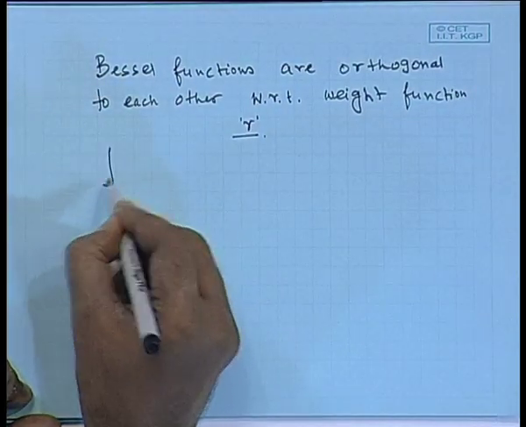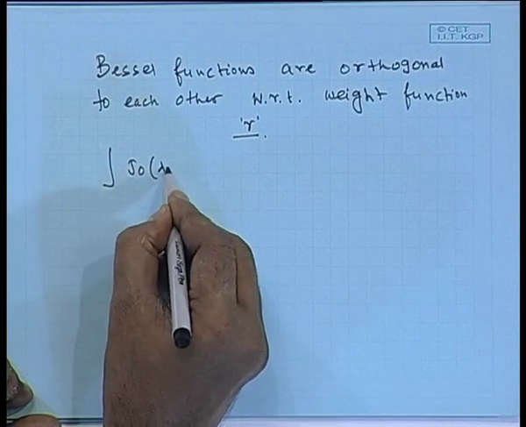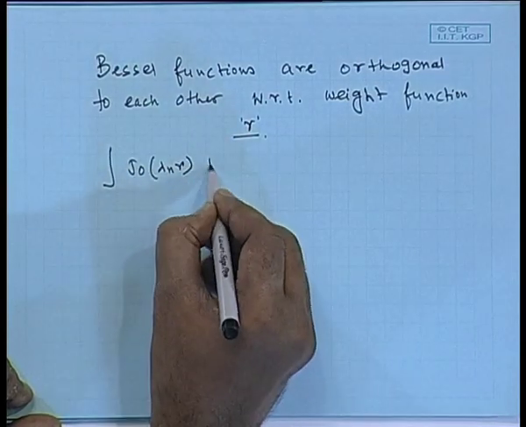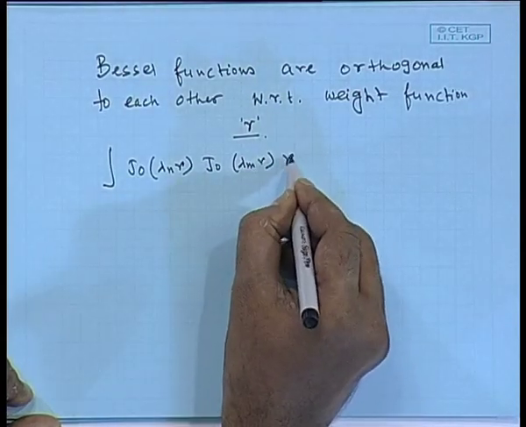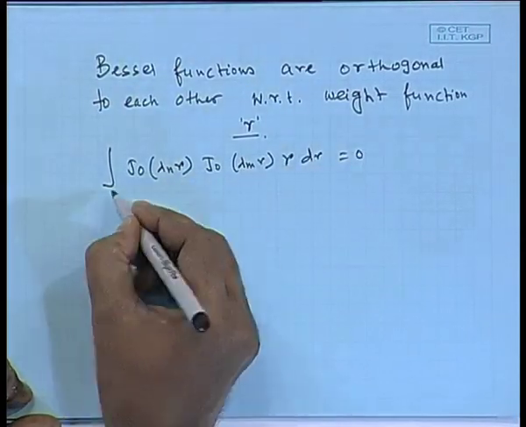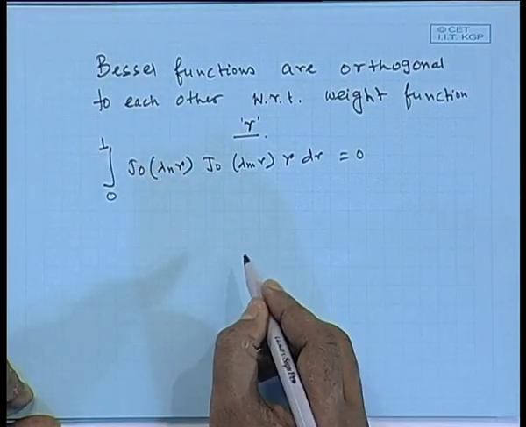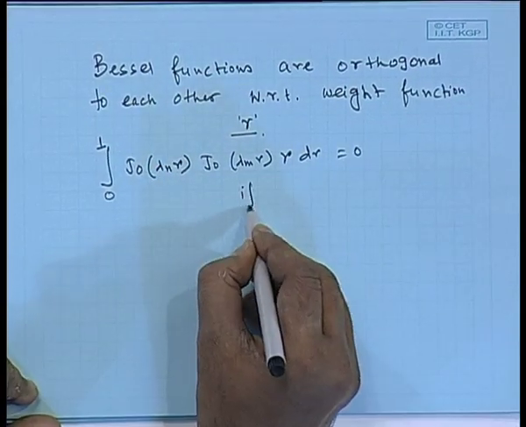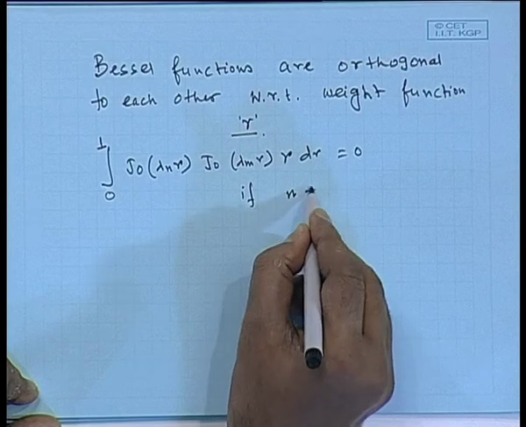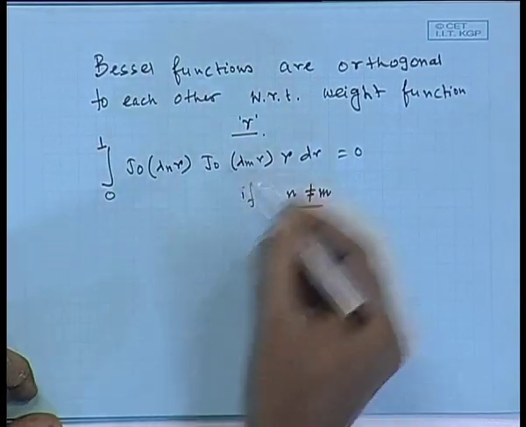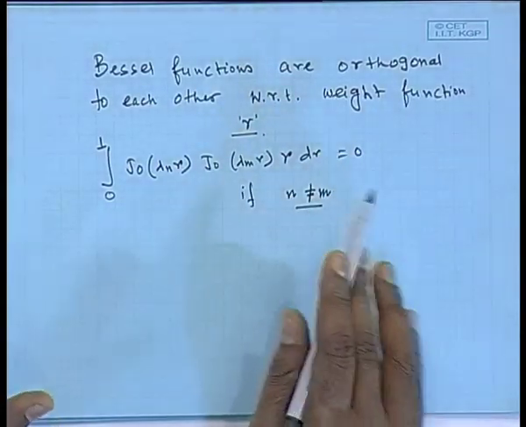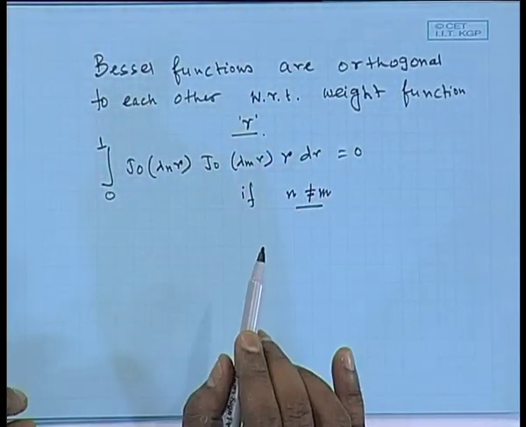This means the integral of J0(λn r) J0(λm r) r dr is equal to 0 over the domain of r, that is 0 to 1, if n is not equal to m. Mathematically, the statement is expressed like this.